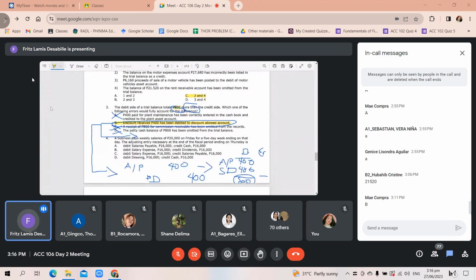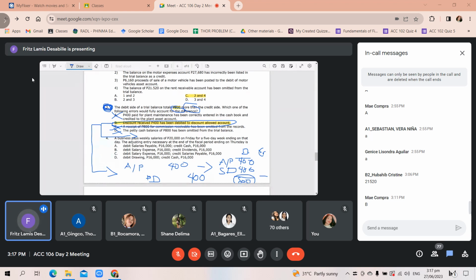Okay. So medyo gray siya nga problem. So I want you guys to highlight anong klase nga problem kay medyo confusing, especially on the wording. I can answer it through elimination.